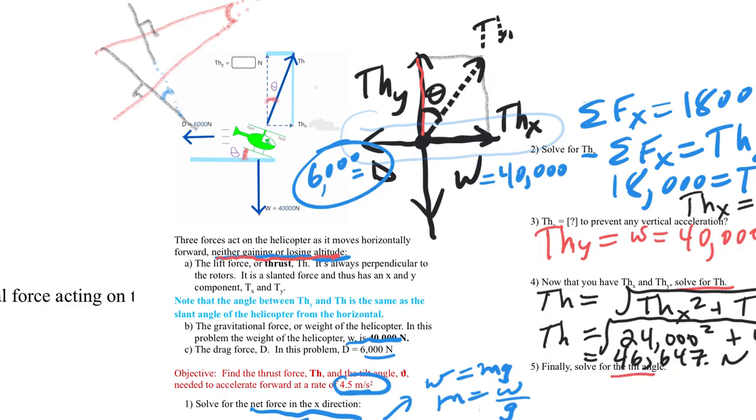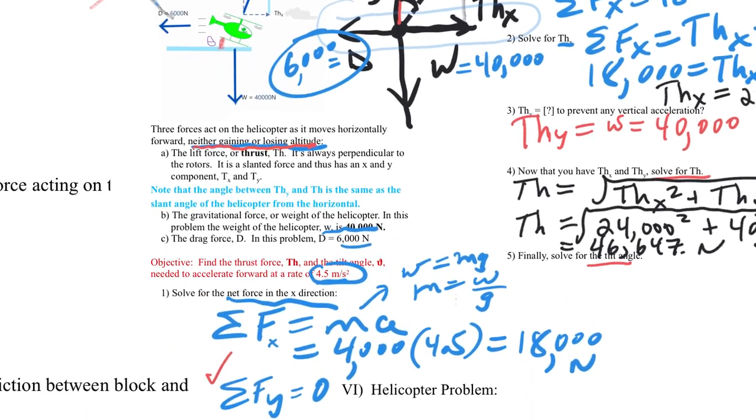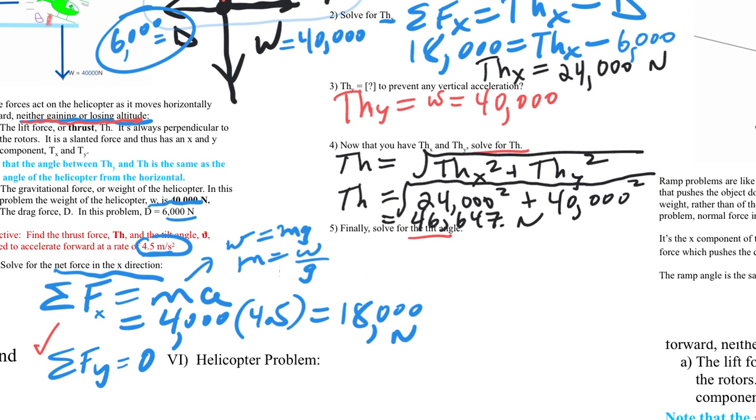So the tilt angle is really, what's the equation for tangent? The angle equals tangent inverse of the opposite over adjacent, right?